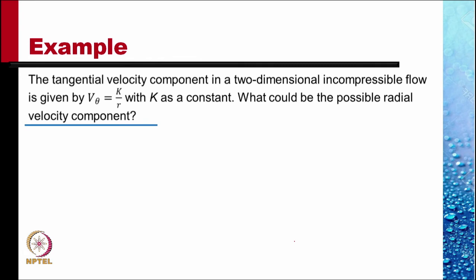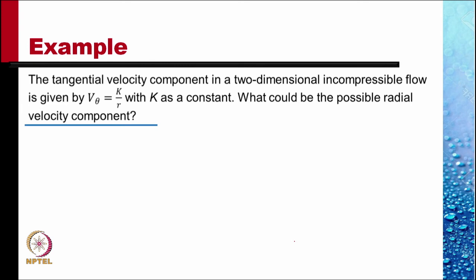Let's give an example of how we can use this continuity equation. The tangential velocity component in two-dimensional incompressible flow is given by v theta is equal to k by r, with k as a constant. What could be the possible radial velocity component? Clearly, we are now dealing with cylindrical polar coordinates r and theta in 2 dimensions, incompressible flow.